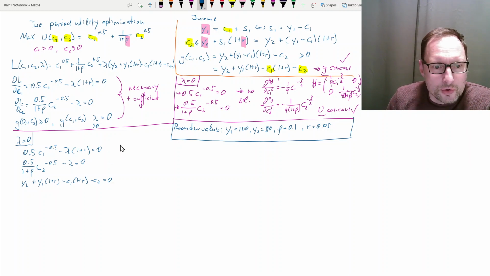What we're going to do, and that's often the easiest way, not always, is solve the first two equations, which include lambda, each for lambda.